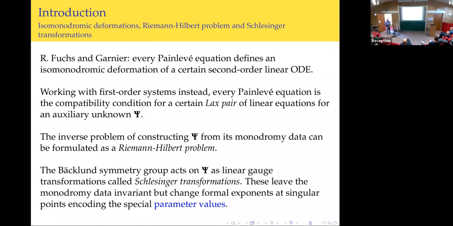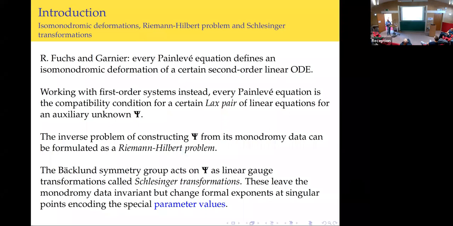Now we talked about this symmetry group of the parameters and the Bäcklund transformations of the solutions of the Painlevé equations. Well, that same group also acts on this psi that solves the linear equations. And it acts as a linear gauge transformation, and that's called the Schlesinger transformation in this business. And the Schlesinger transformations have the feature that they're leaving the monodromy data invariant for the Lax pair.